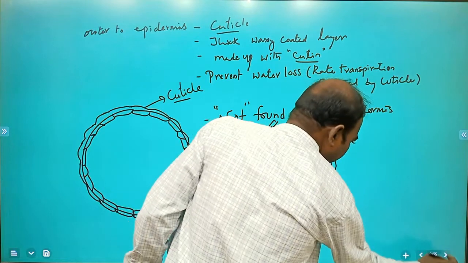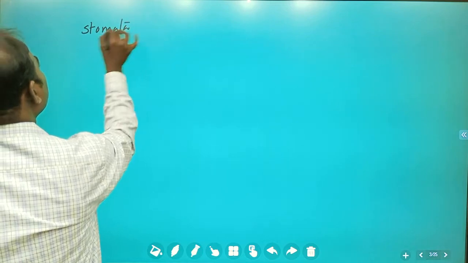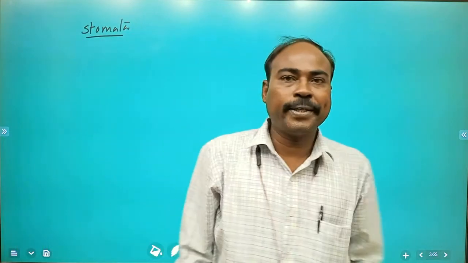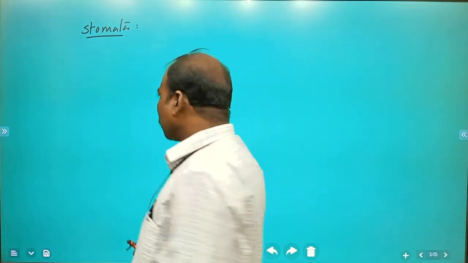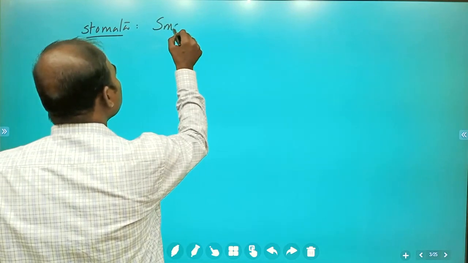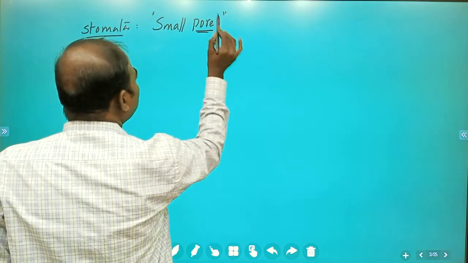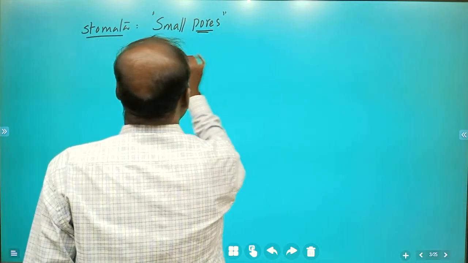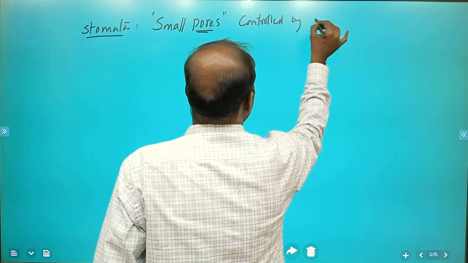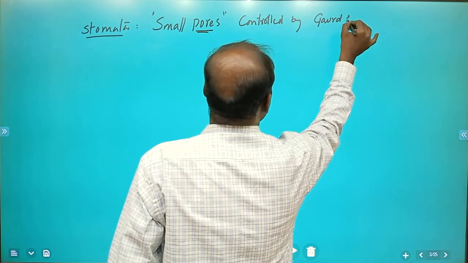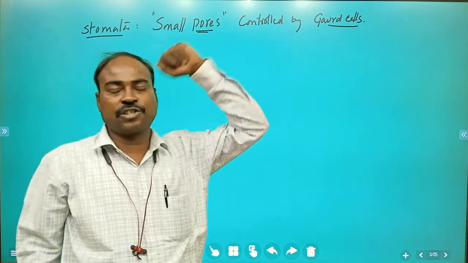Next, stomata. A very important point of the epidermal tissue system. These are small openings or small pores which are controlled by specialized cells in the epidermal tissue system called guard cells.